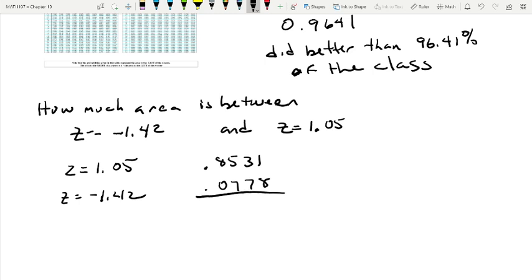Now I can subtract 0.8531 minus 0.0778, and this corresponds to 0.7753 as the area in there.